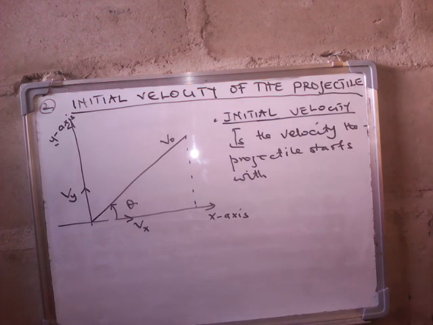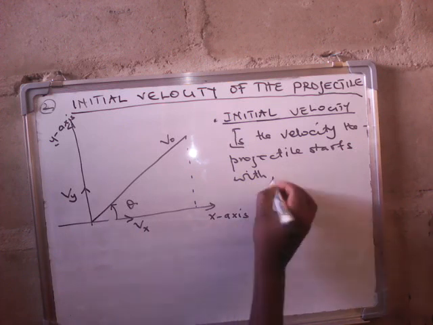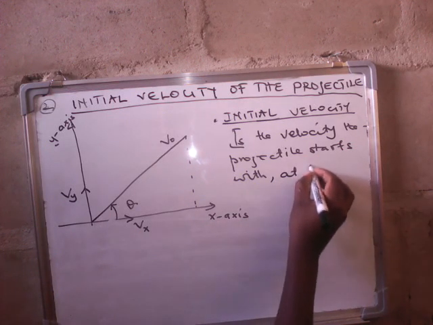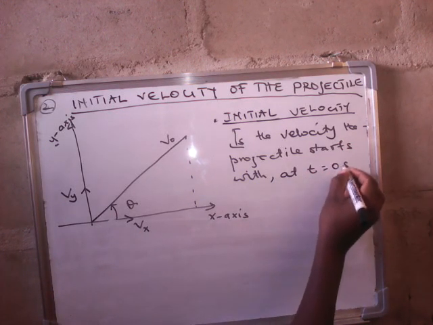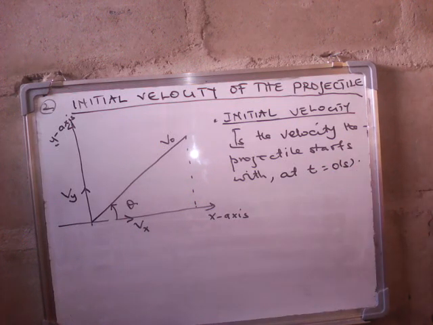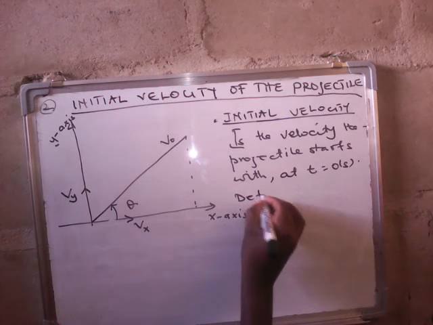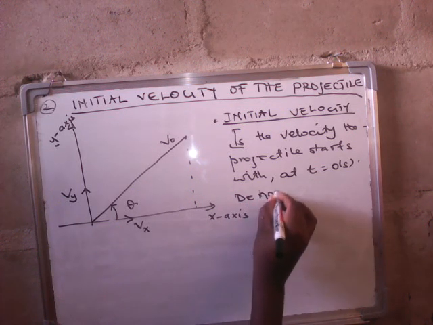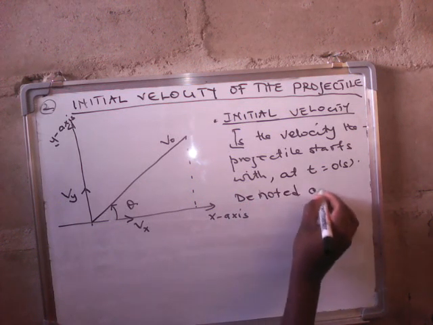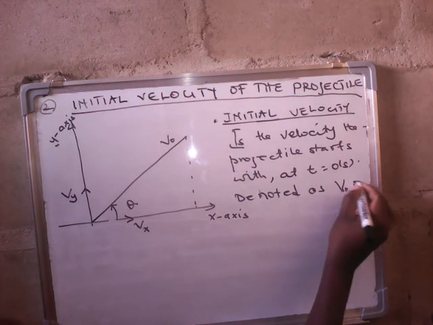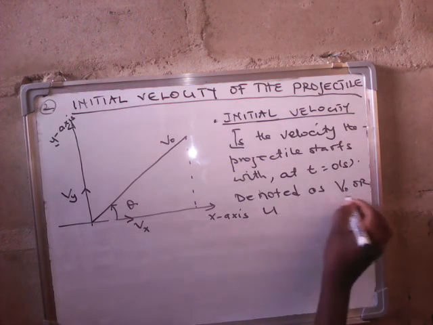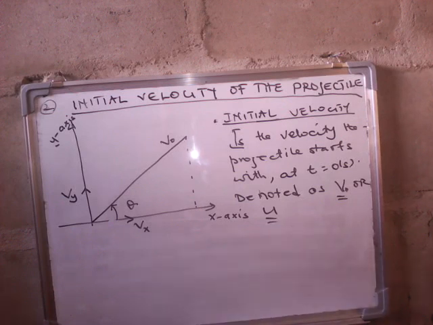So now it starts with t equal to 0 seconds, and it is denoted as v naught or u. So that is what we call the initial velocity.